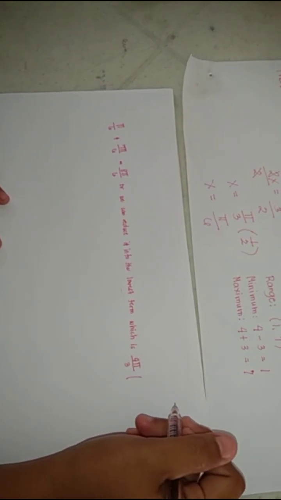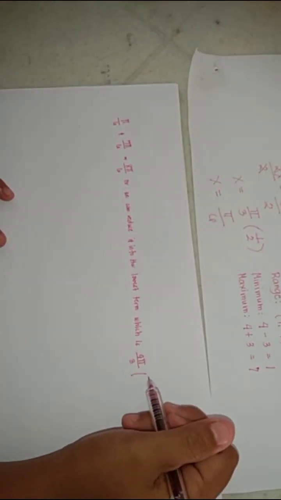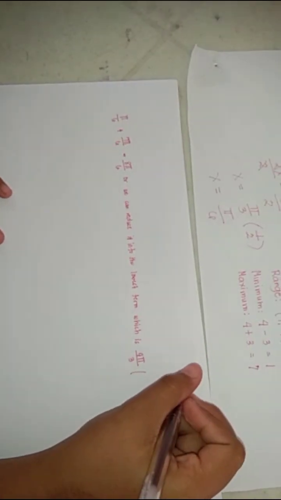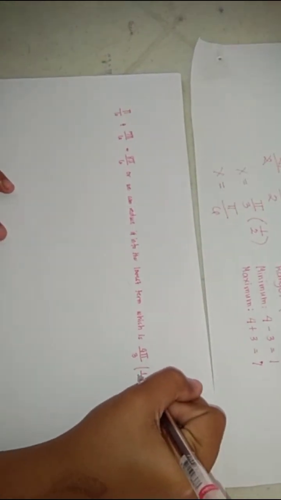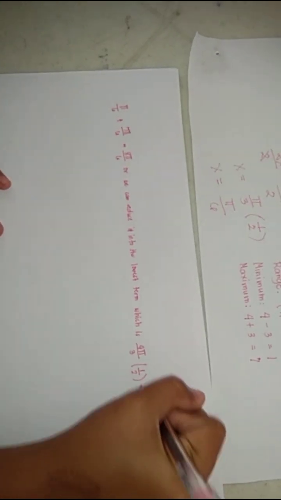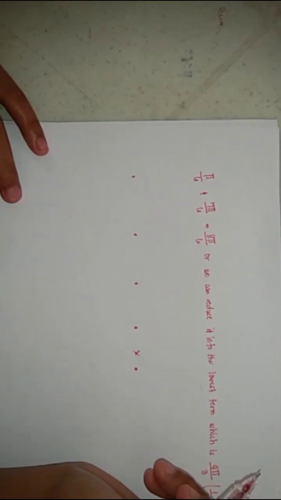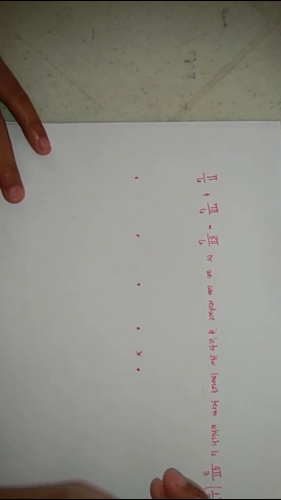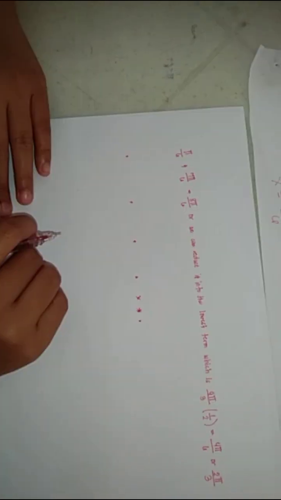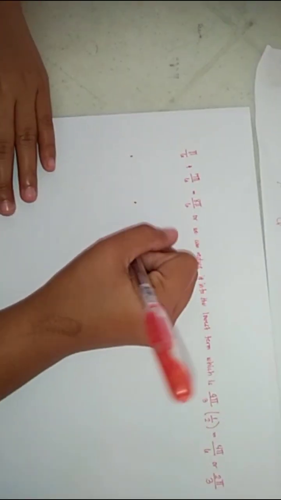We have 4 pi over 3 multiplied by 1/2. So we have the answer of 4 pi over 6, or 2 pi over 3. And we can put it into the center of our points. So now we can put the 2 pi over 3 here in our center.